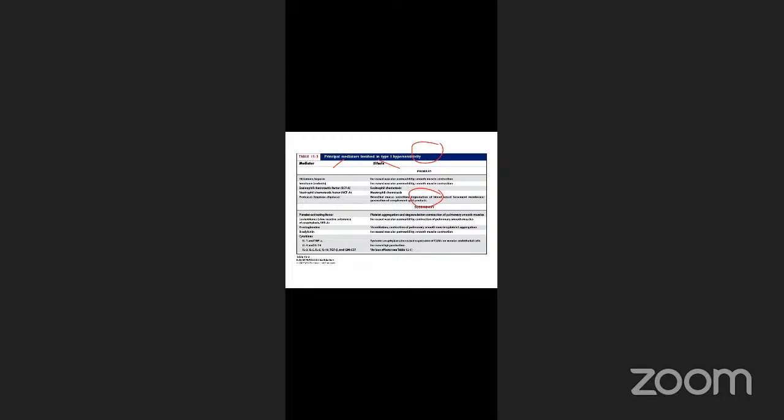Coming to the secondary effector mediators, especially leukotriene, prostaglandin, and platelet activating factor, these may increase platelet aggregation at the site, degranulation, and contraction of pulmonary smooth muscle.